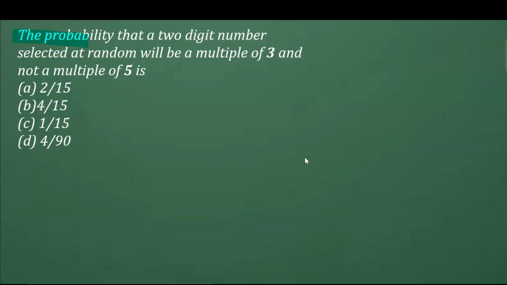Now in this question, it says the probability that a 2-digit number selected at random will be a multiple of 3 and not a multiple of 5. It should not be a multiple of 5. So first of all, you know that 2-digit numbers start with 10 and end with 99.